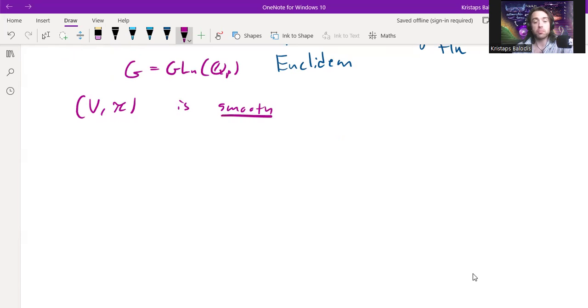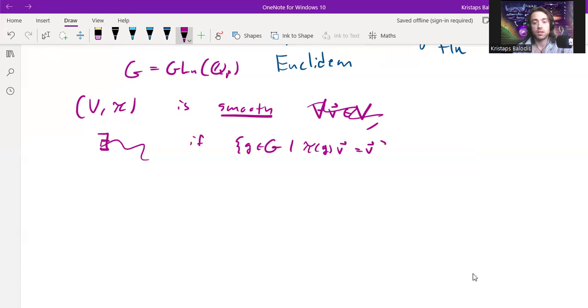We say it's smooth if the stabilizer, so the set of all g in G such that pi(g) of v equals v, is open, for every vector v.